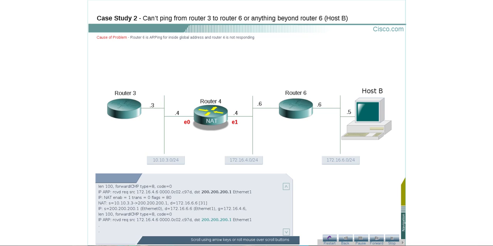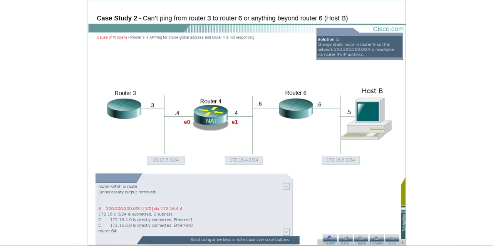There are a few ways, two of which are presented. One, we can change the static route that router 6 has for network 200.200.200.0 to have a next hop address of 172.16.4.4, which is router 4's Ethernet 1 interface address. This would cause router 6 to forward packets destined for 200.200.200.1 to router 4 without the need for sending an ARP for address 200.200.200.1.